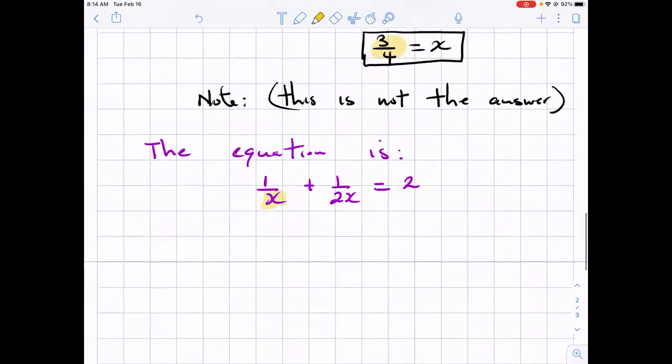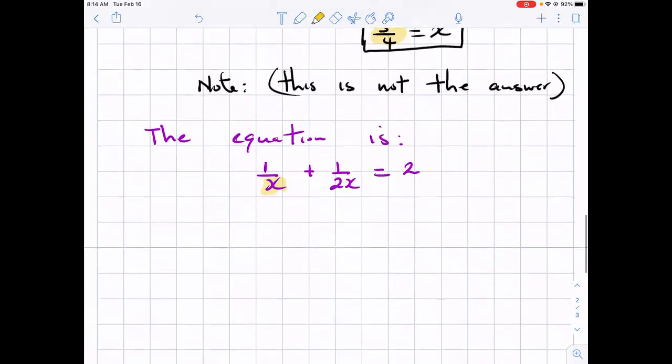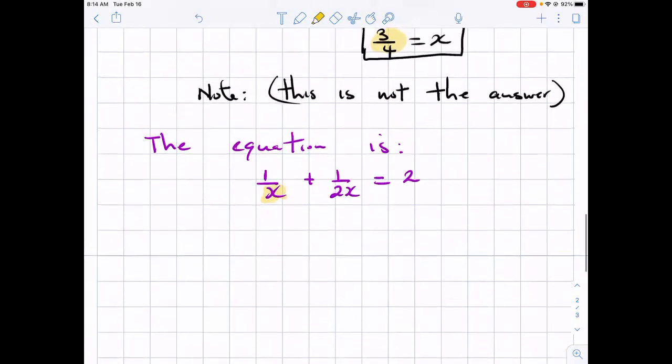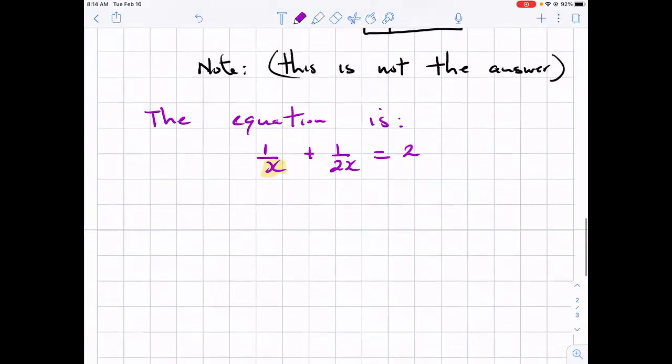So now we have to simplify. To find the first number, we will have to plug in the value of x.